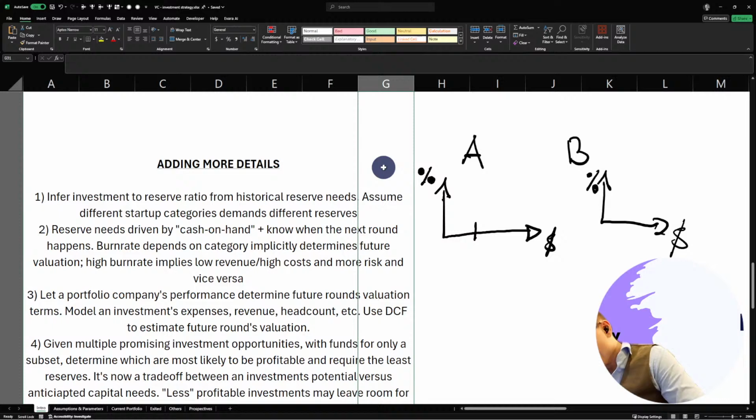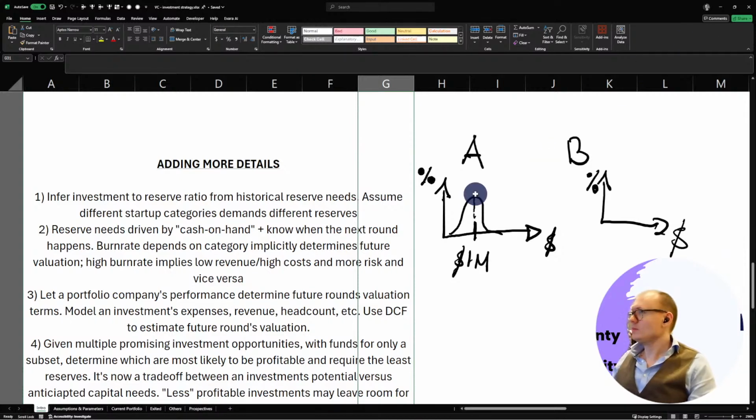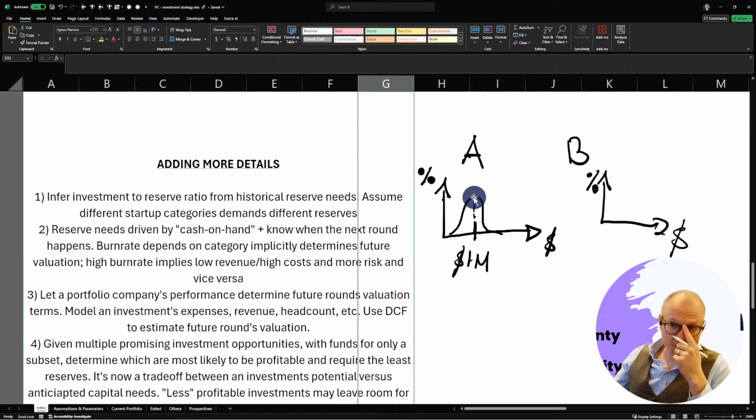But let's say this one returns at this point, on expectation, say 1 million. This might generate 1 million, and it looks sort of like this. So you can see 1 million goes down there, meaning that this point here is the most likely, so it is quite likely to generate about $1 million in its return.